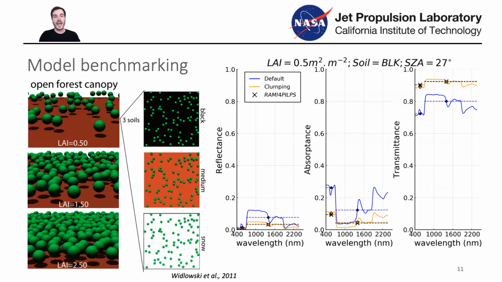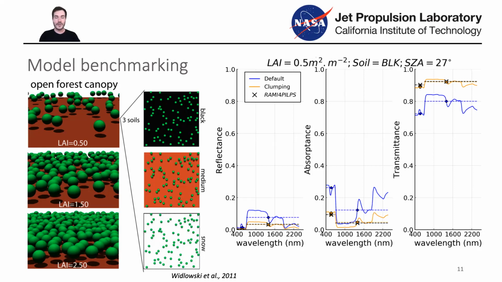And so to test that, we use a model benchmarking exercise called the RAMI for PILPs, where the authors recreate a number of canopy scenes with different LAIs, different soil background albedos, different sun zenith angles, and different sensor geometry, and calculate all the radiation partitioning for this scene using a ray tracer, so a very accurate 3D model.